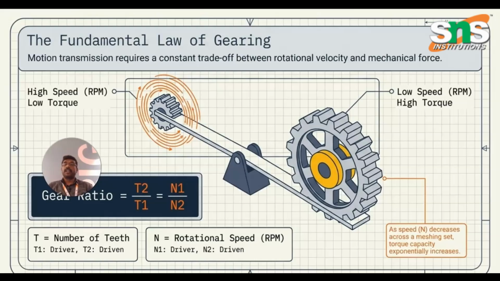This N1 by N2 is always equal to the ratio of T2 and T1, the number of teeth of gear 2 to the number of teeth of gear 1. Summarizing these two concepts, gear ratio is equal to N1 by N2 is equal to T2 by T1. Which means that when the speed of the gear decreases across a meshing set, the torque capacity increases because speed and torque are inversely proportional.